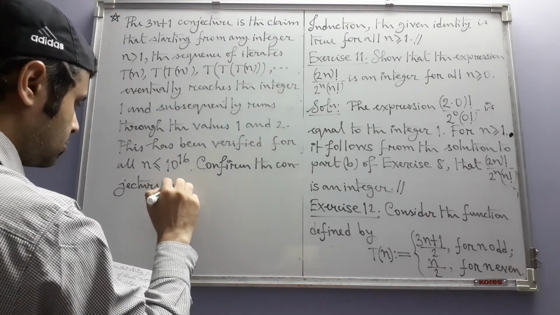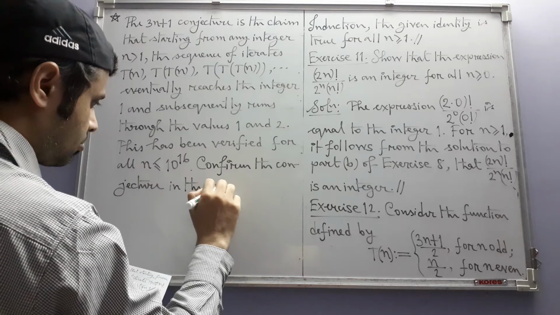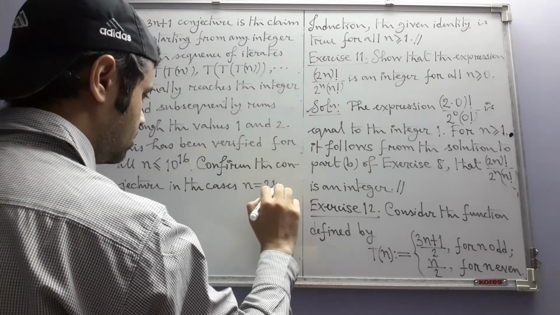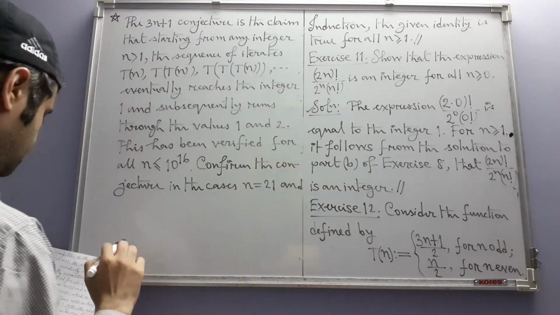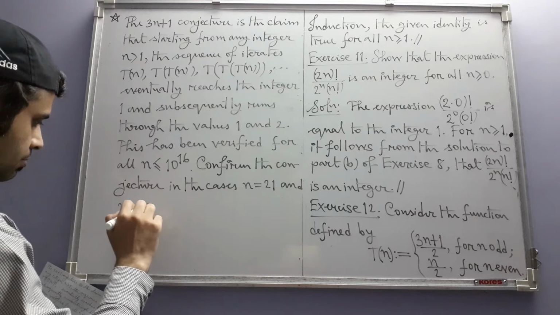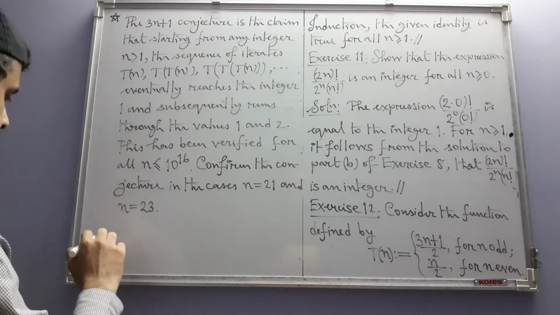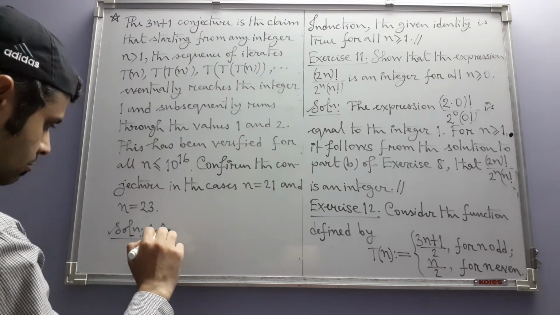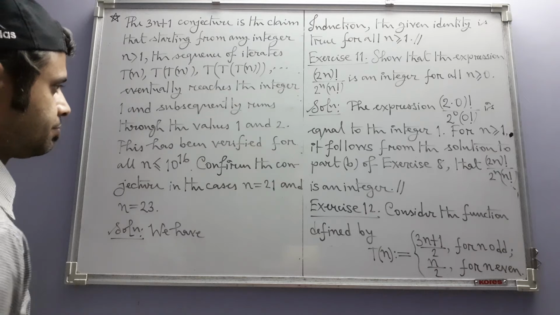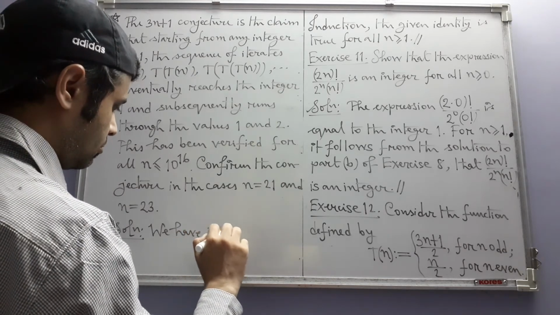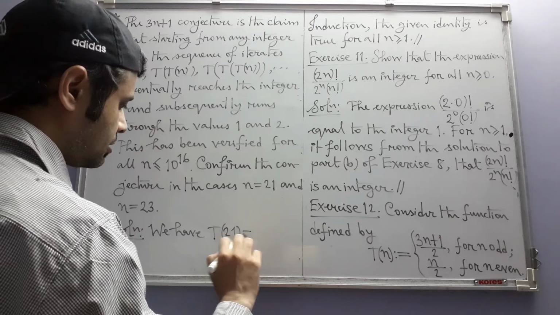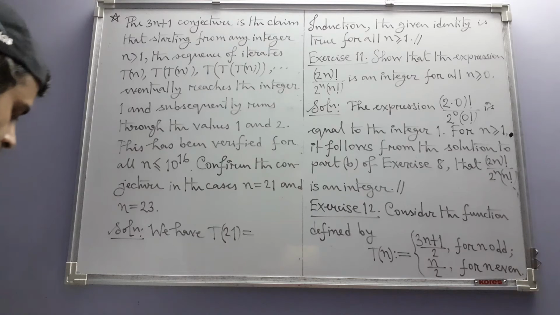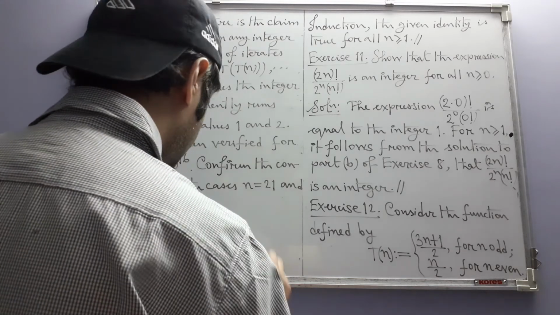Confirm the conjecture in the cases n equal to 21 and n equal to 23. T of 21, since 21 is odd, we have to use this part. Applying the formula, you get 32.